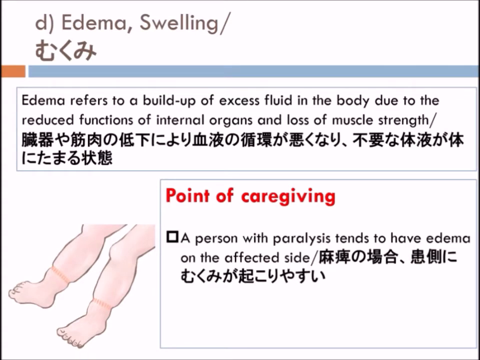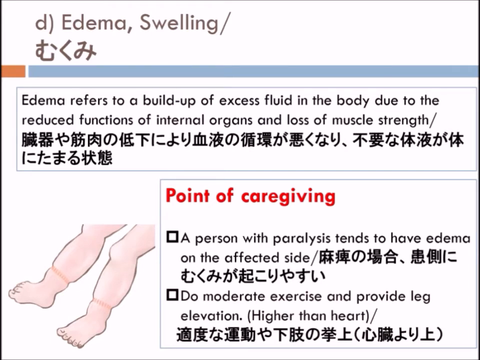A person with paralysis tends to have edema on the affected side. Do moderate exercise and provide leg elevation higher than heart. If the user has a disease causing the edema, have him or her receive medical treatment.